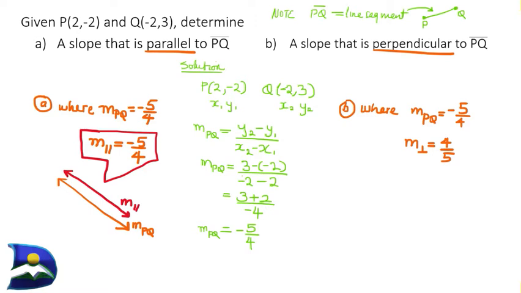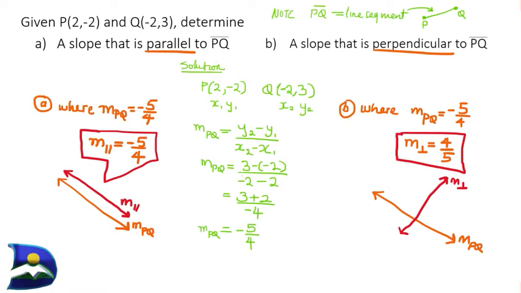Therefore, if we have the line for our PQ to be drawn like this, that means our perpendicular line, which is 4/5, will be represented as that right there. So this tells me that those two lines form 90 degrees with each other. So that is it in here for this particular question.